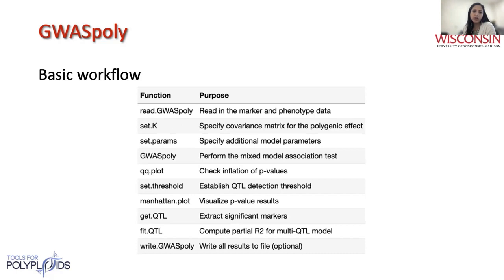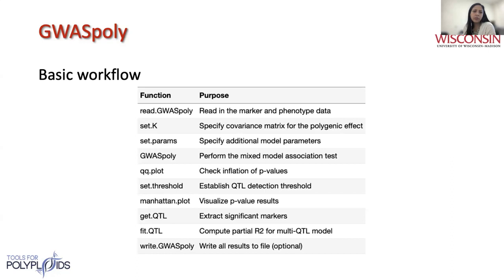We can also set the parameters for additional models, such as environments and other covariates. And the main function, GWAS Poly, is the one that will perform the mixed model for the association test. We can also check the inflation of these p-values by using the QQ plot. Then we can establish a threshold and be able to visualize these associations by plotting the Manhattan plots.